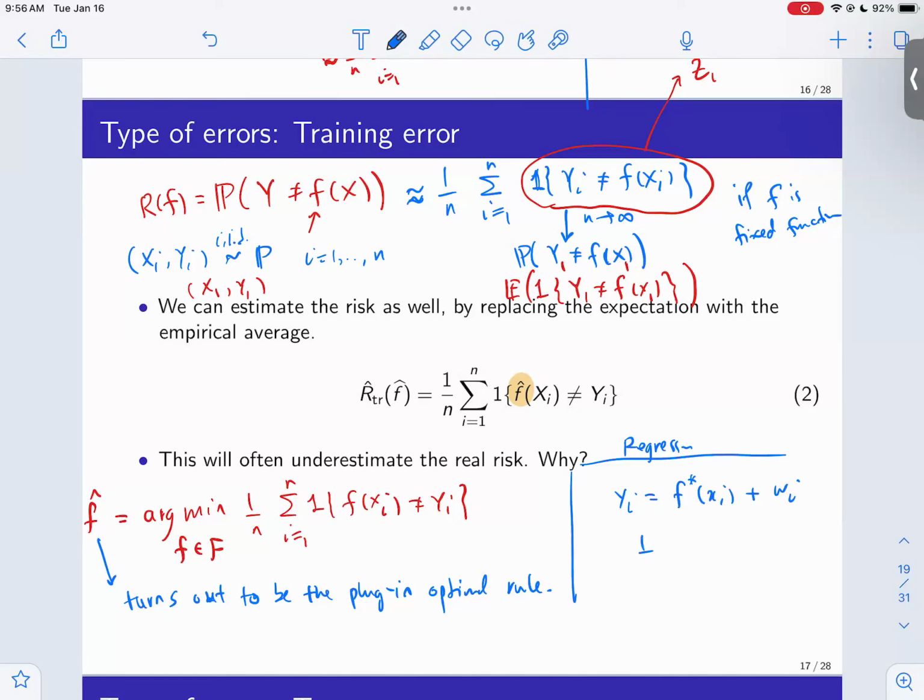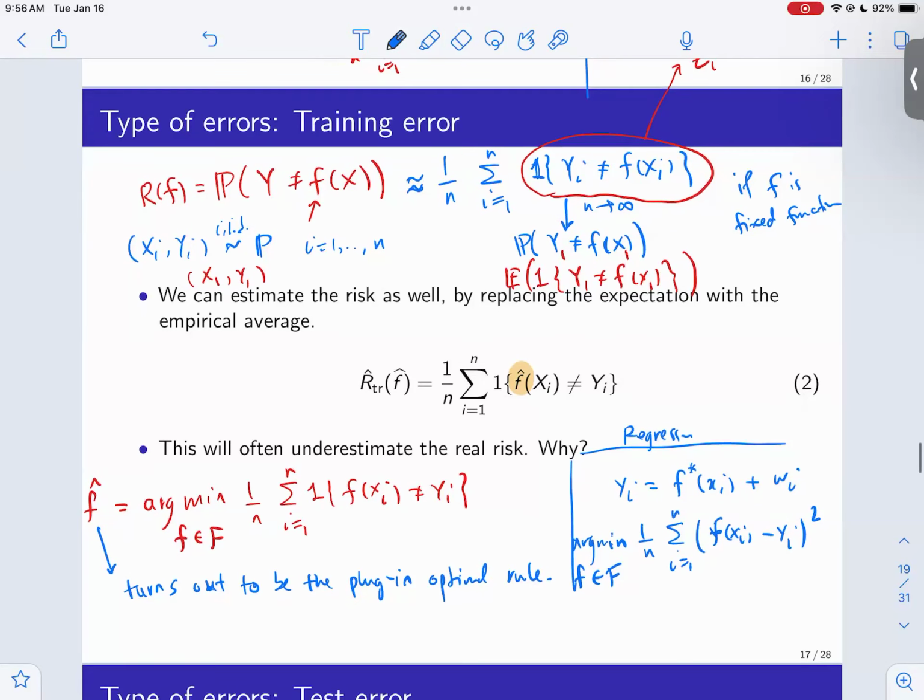And then if you try to minimize, usually you minimize the squared loss, not the 0, 1 loss. So you minimize f of xi minus yi, squared. In classification, it's harder to see, and actually it's less severe overfitting. So when you minimize the squared loss, you're trying to match f of xi to yi.